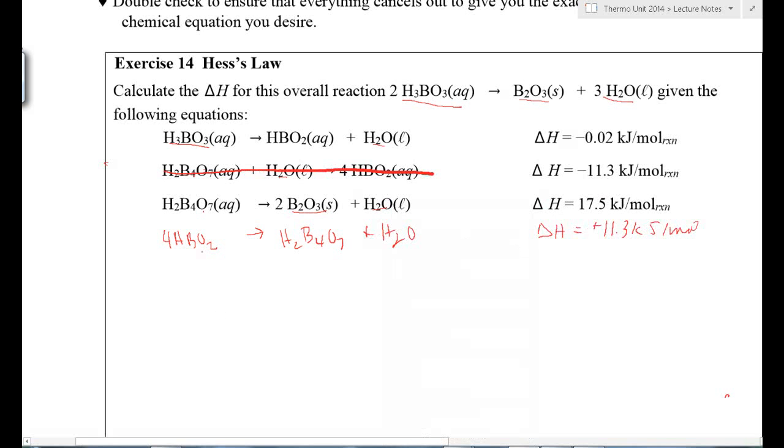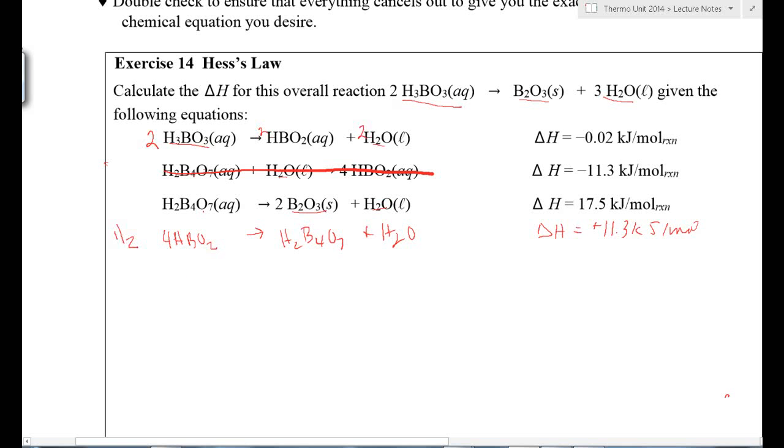Alright, so I'm not quite there yet because, let me see, I need 2 H3BO3s, so I'm going to need to double this. Okay, and when I do that, I end up with 2 of those and 2 of those, but I have 4 HBO2s here to cancel and 2 here, so I'm going to cut this one in half.